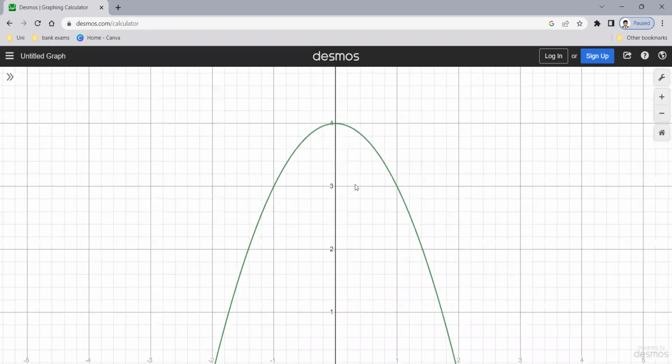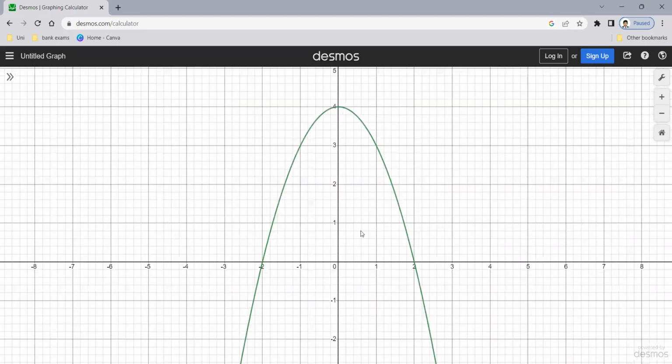Then the points should be like this. Here you have 1 point, 0 comma 4, 2 comma 0. Here also minus 2 comma 0.